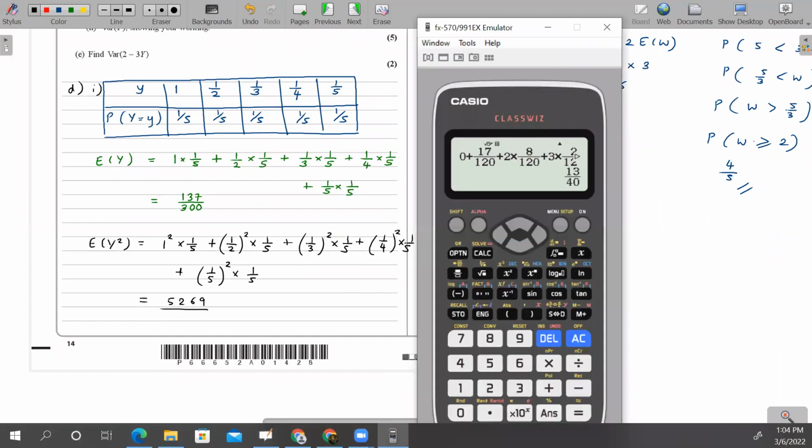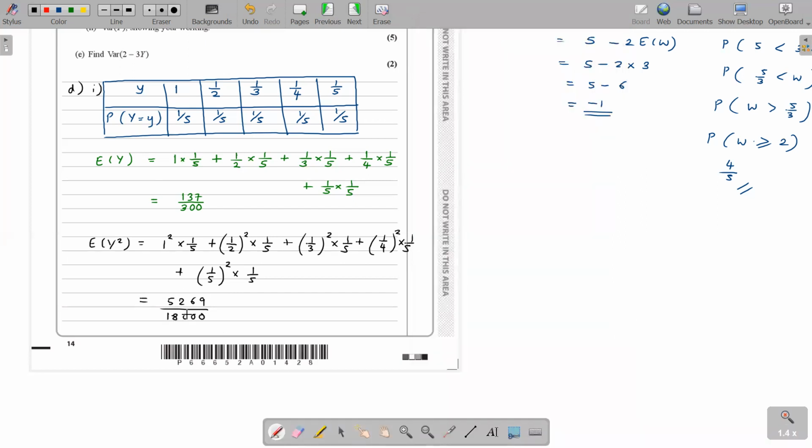Let's work on this. 1 into 1 over 5, plus half square is 1 over 4 into 1 over 5, plus 1 over 3 square is 1 over 9 into 1 over 5, plus 1 over 4 square is 1 over 16 into 1 over 5, plus 1 over 5 square is 1 over 25 into 1 over 5. So I get 5,269 over 18,000. And you see I get this over 18,000.